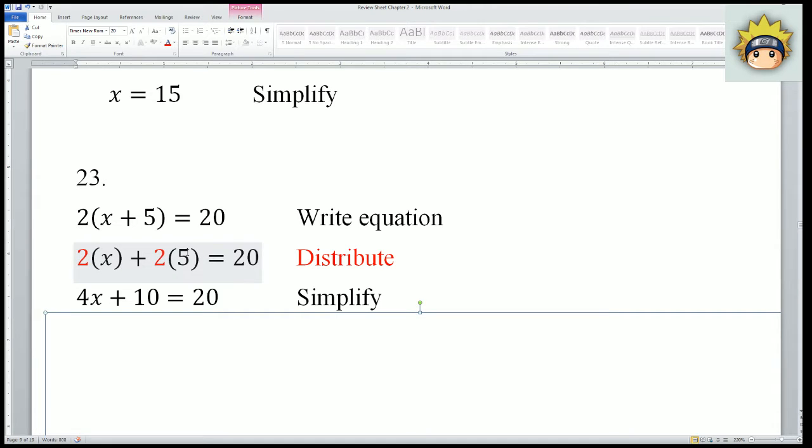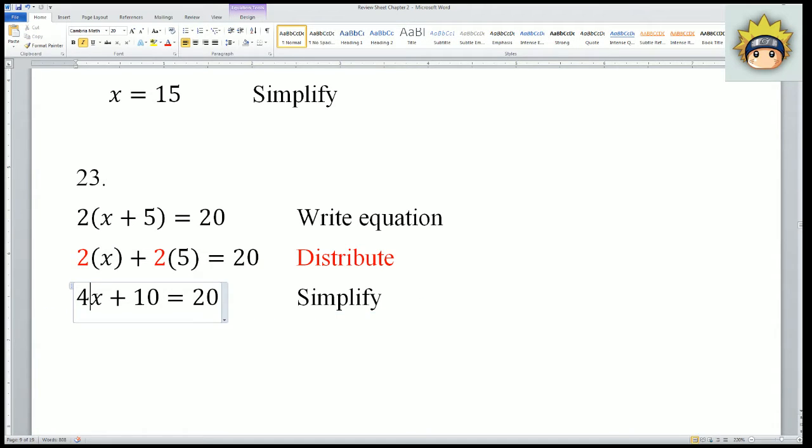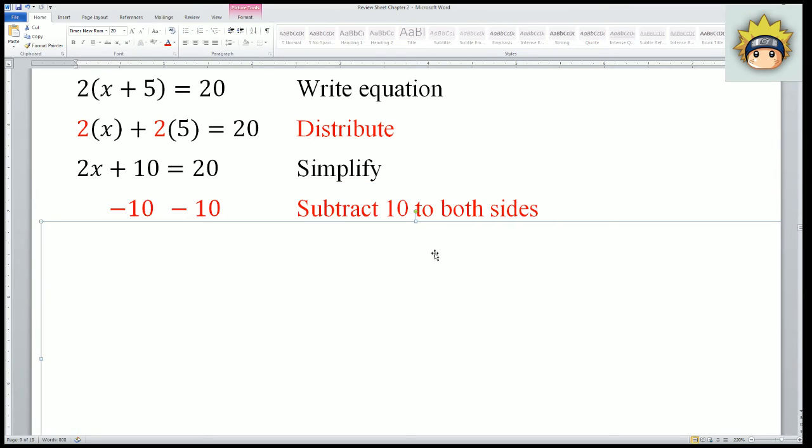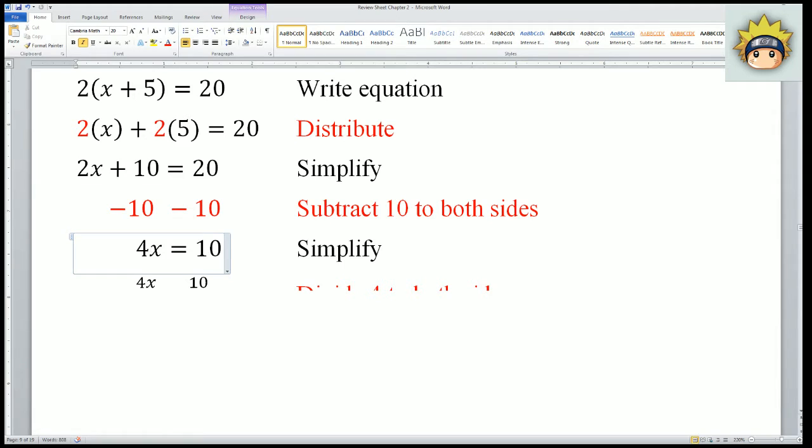2 times 5, this is, how did you get 4x? It's 2x. 5 times 2 is 10. Nothing happens to the right-hand side. This is just a little simplification. After that, subtract 10 from both sides. What is left on my left-hand side is just 2x, and 20 subtract 10 is 10.